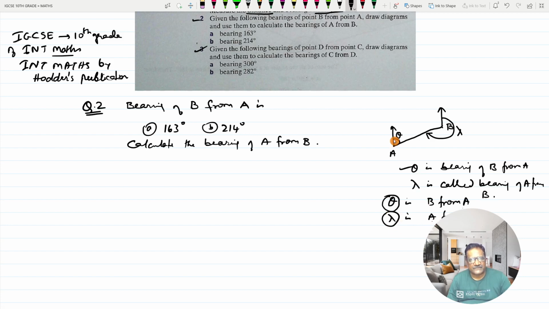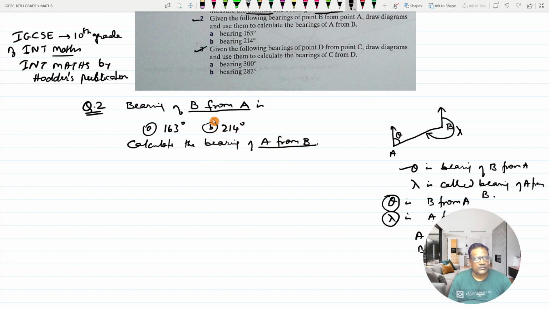If this theta is a forward bearing, then lambda happens to be the back bearing. Is that clear? So this is the concept of back bearing, and this is a question where they have given you a bearing of B from A, and they have asked you to find out the bearing of A from B. So basically they have asked you to find out the back bearing.